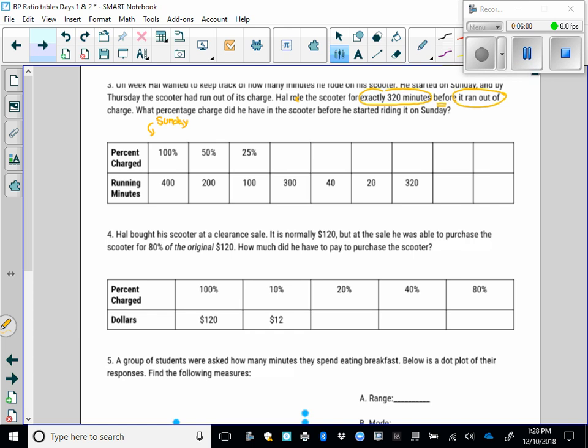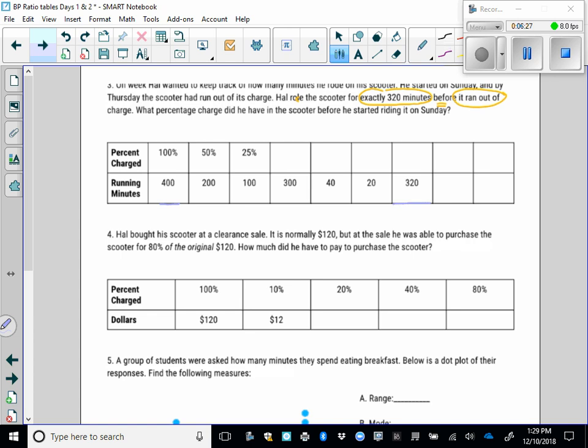So we have to think about that. I was thinking he started at 100%, but we don't necessarily know that. What we know is if it was fully charged, he would have been able to go 400 minutes, but he only went 320 minutes.